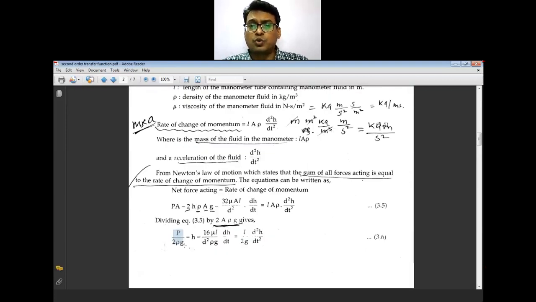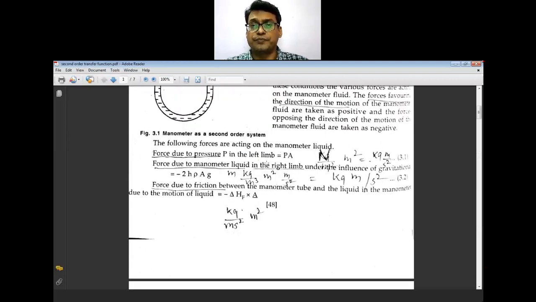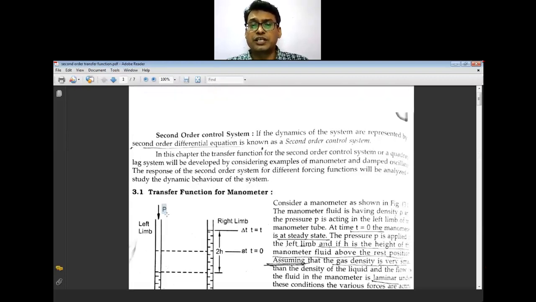Now P upon 2 rho g is represented as x of t. Why is this? X is generally the input variable, and in this case the input variable is the applied pressure. And what is the output? The change in the height. The applied pressure is the input and the change in height is the output.